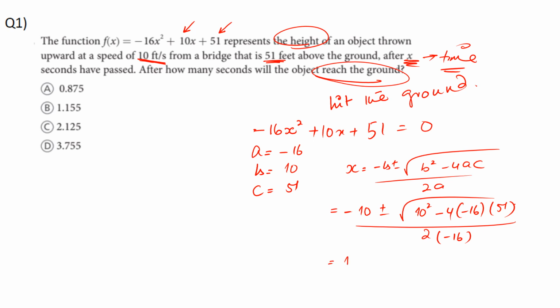Now write down what I told you. After that just press mode 5 3. Put in the calculator the A value, B value and C value. That is negative 16 equal 10 equal 51 equal and equal.